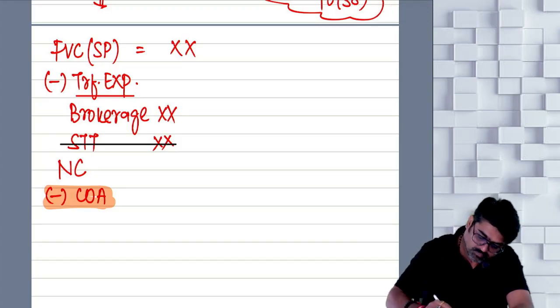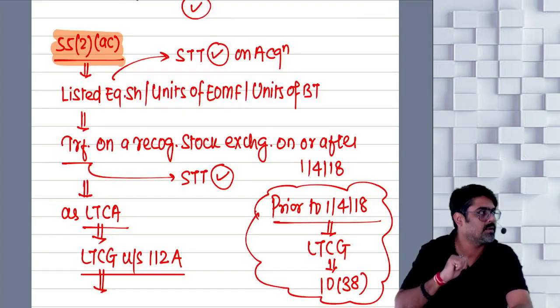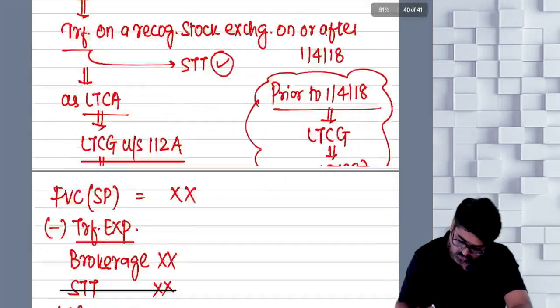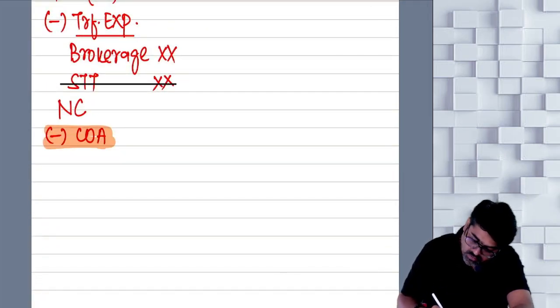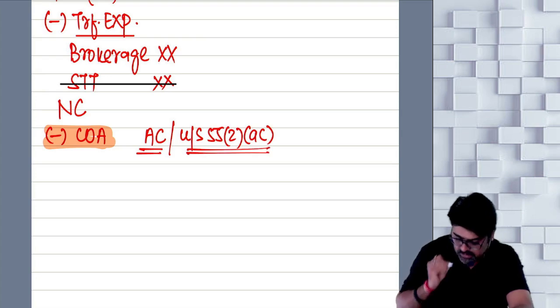If these shares were acquired prior to a particular date, then what will be the cost of acquisition? Whatever cost of acquisition you are supposed to take here will either be the actual cost or will be under section 55(2)(ac).